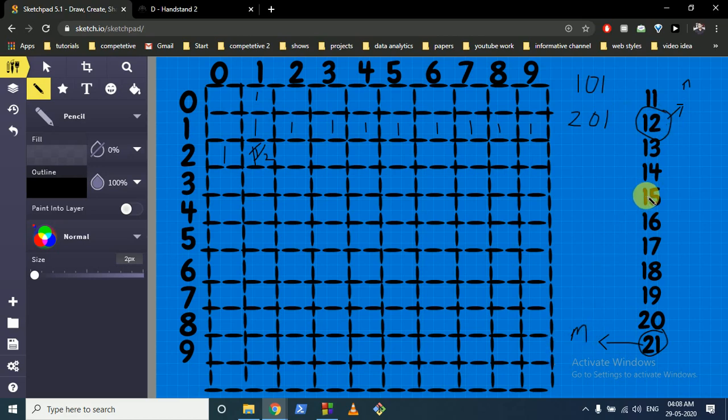All the n numbers of this type are stored in this, and all the m numbers of this type are stored in this 2, 1.